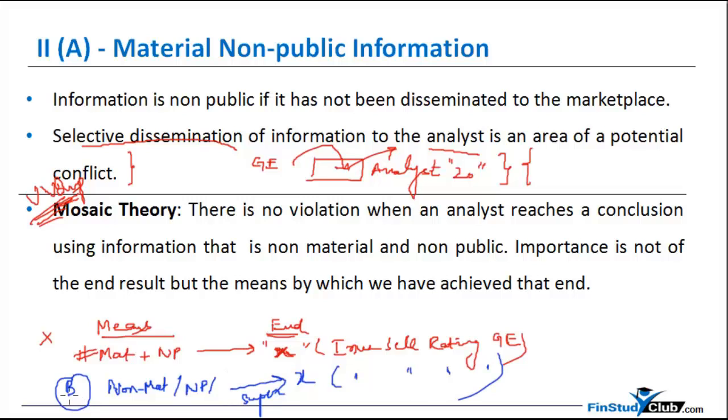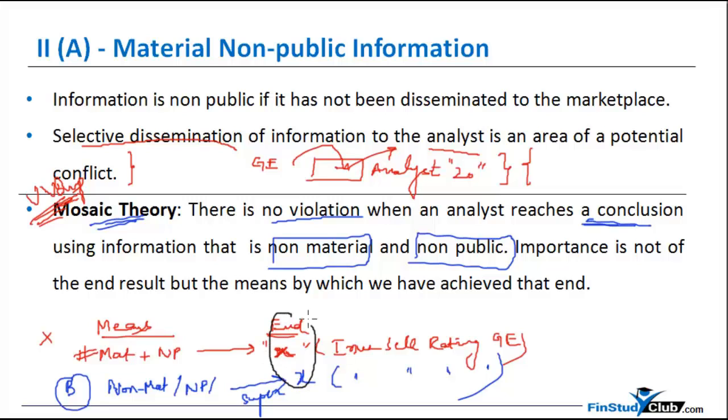The question is, would analyst B also be prohibited under this substandard? My mosaic theory says no. There is no violation when an analyst reaches the same conclusion, but by using information which is either non-public or non-material. So I can summarize this standard by saying that it is not the end that matters, it is the means through which you arrive at that conclusion that is crucial.